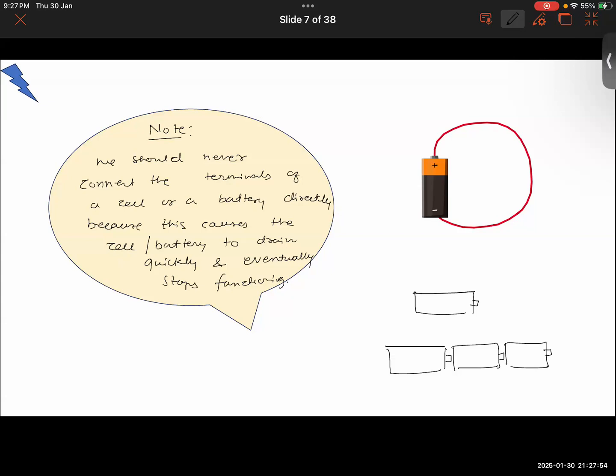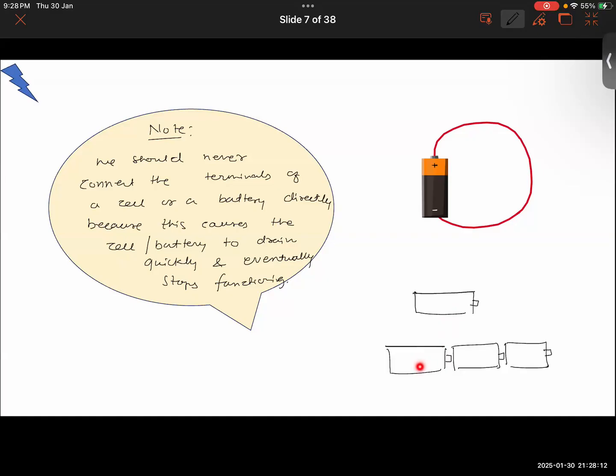Good. So cell is basically a single unit that will give you a small amount of electricity, while battery is a group of cells that is connected to give more energy. Getting it? That is the main difference. Cell is a single unit while battery contains several cells in it.